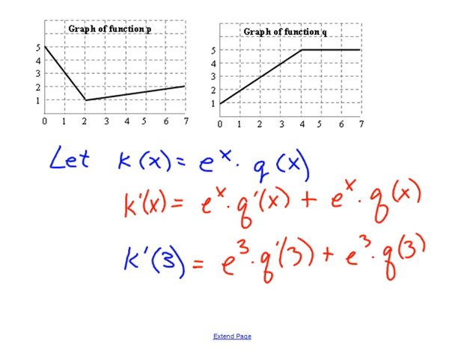All right, so q prime at 3 is, remember, the slope. So you go up here, 1, 2, 3. What's the slope of this line? Still looks to be up 1 over 1. All right, then I have q of 3, which is that value there, which is 4.